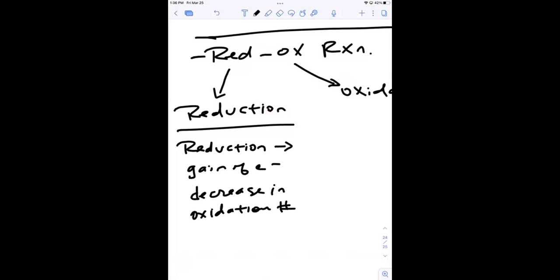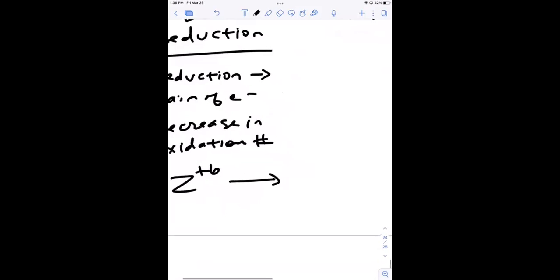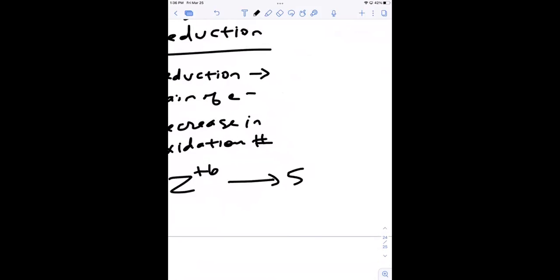Right? So let's say we have an ion with a +6 charge. And the charge on that ion changes from +6 to +1. Let's say that.